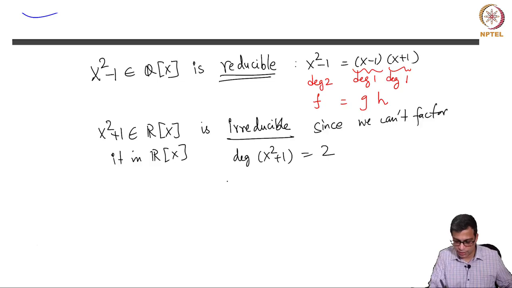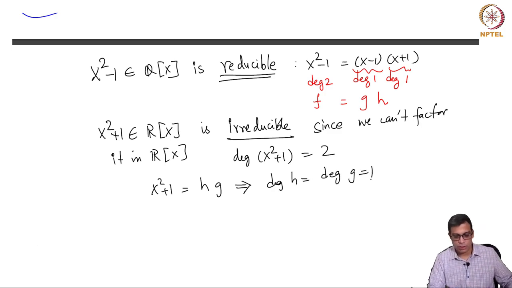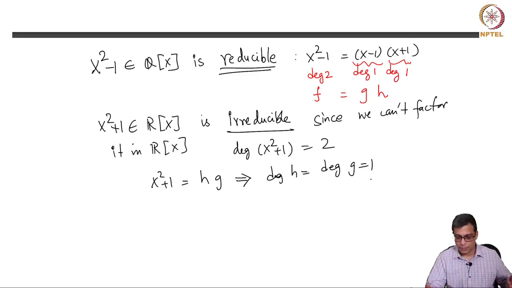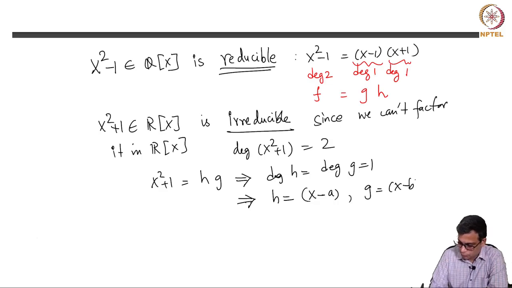So if you factor this as a product of two polynomials, h and g, that means the degree of h is 1 and the degree of g is also 1, because it has to be strictly less than 2. But that means h must be of the form x minus a, because this is monic, you can always write it like this, where a, b are real numbers.